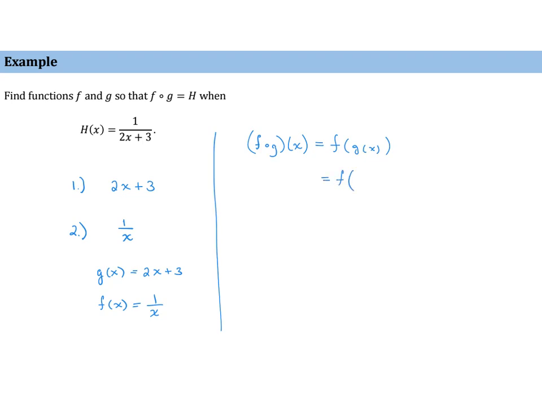But g of x is 2x plus 3. So now the input gets put under 1. So we would have 1 over 2x plus 3, which is exactly what we wanted. So our answer over here is correct.